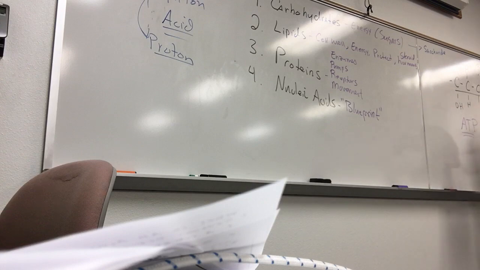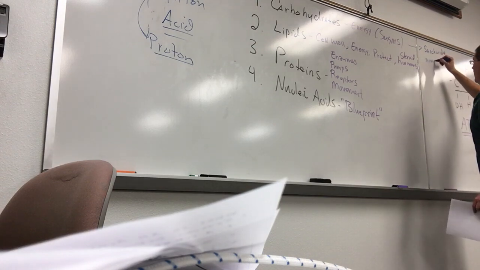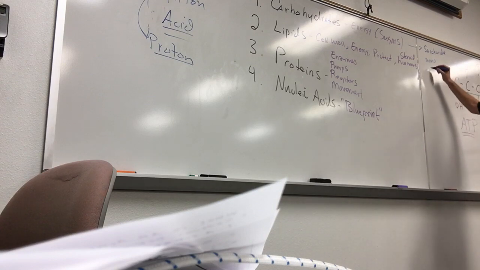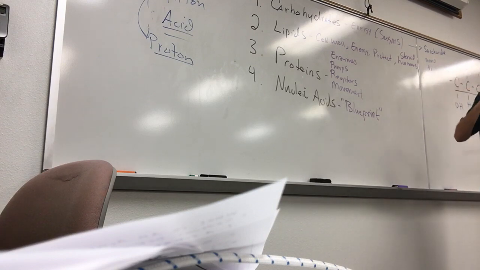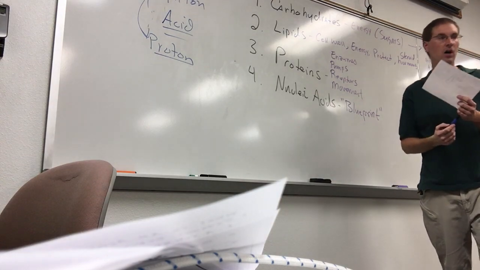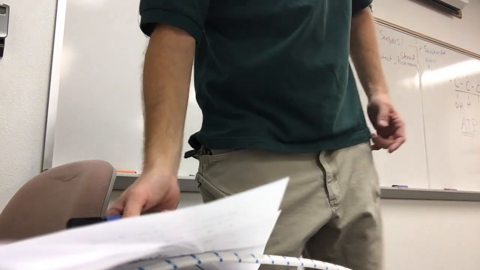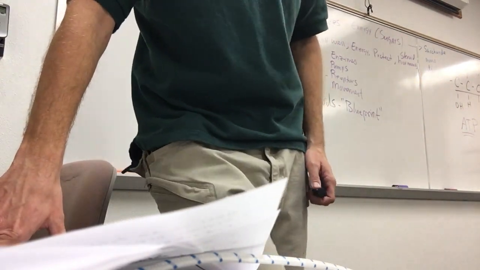And you can have different types of saccharides. If you have just one, that's what we call a monosaccharide. If you have 2 bonded together, that would be a disaccharide. You can have polysaccharides as well, which would be multiple individual saccharides bonded together.